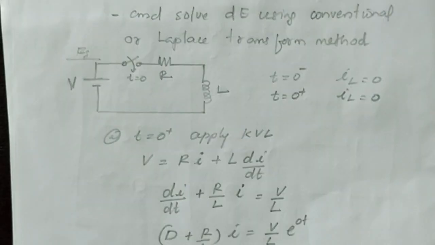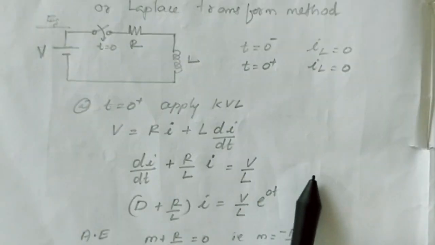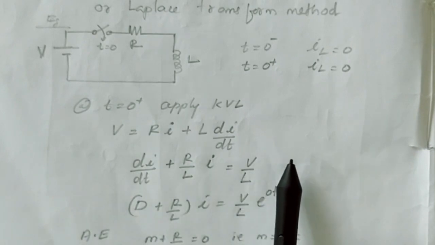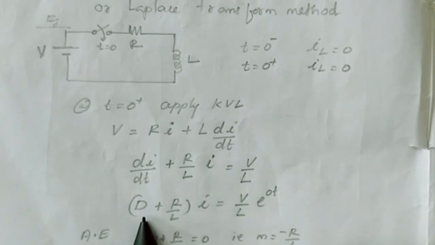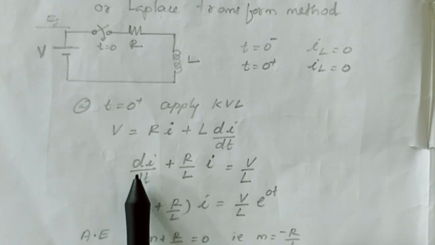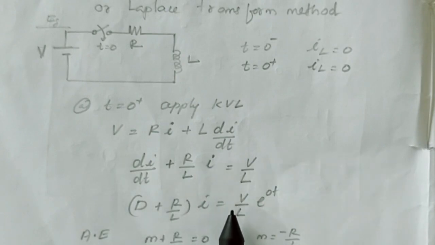In order to solve the differential equation, we need to find the complementary function and particular integral associated with that equation. We need to write it in operator form. We replace d by dt with capital D, giving D plus R by L into I equal to V by L into e raised to 0t.